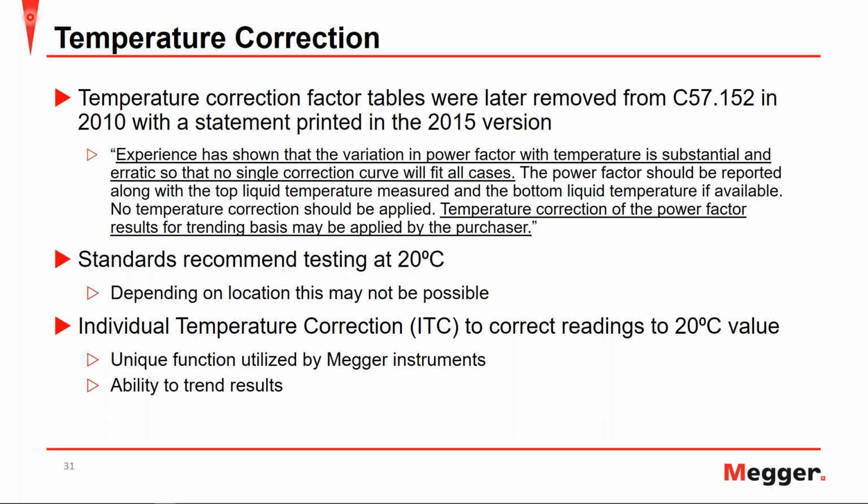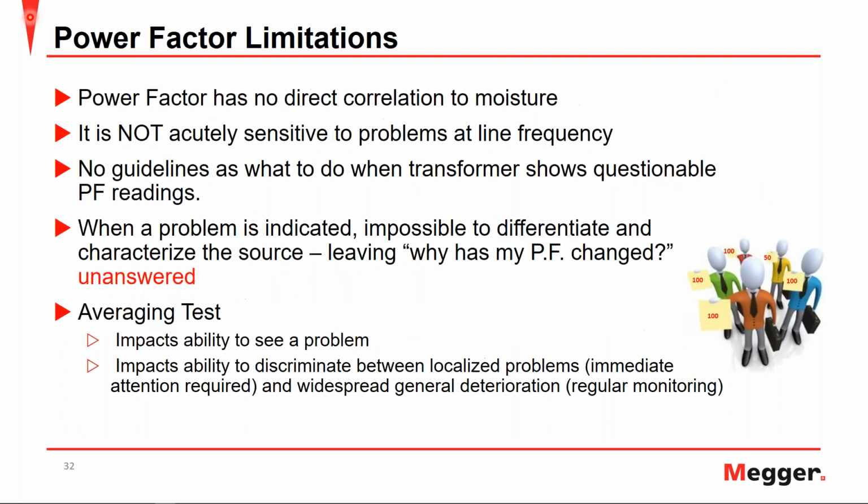So now that we've discussed power factor, I'd like to take a moment and talk about some of the power factor limitations. Now, power factor has no direct correlation to moisture and is not acutely sensitive to problems at line frequency. Also, there are no guidelines on what the next step is when you get a questionable reading.